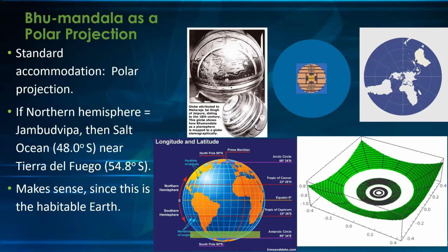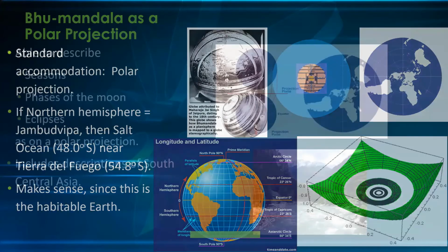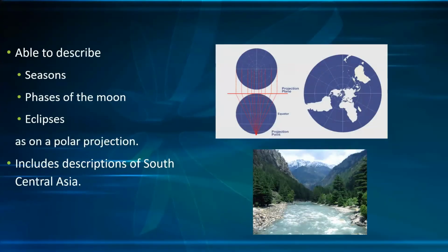Well, the rest of this projection that we're not showing here is basically Antarctica, which is not habitable by humans. So this standard accommodation just tells us that this projection is giving us a view of Jambu-dvipa as the habitable Earth.